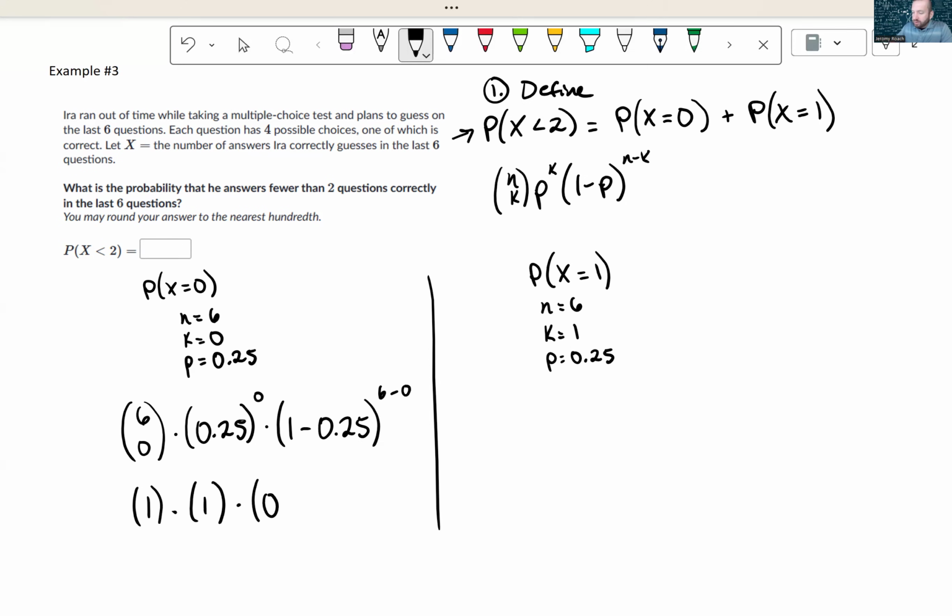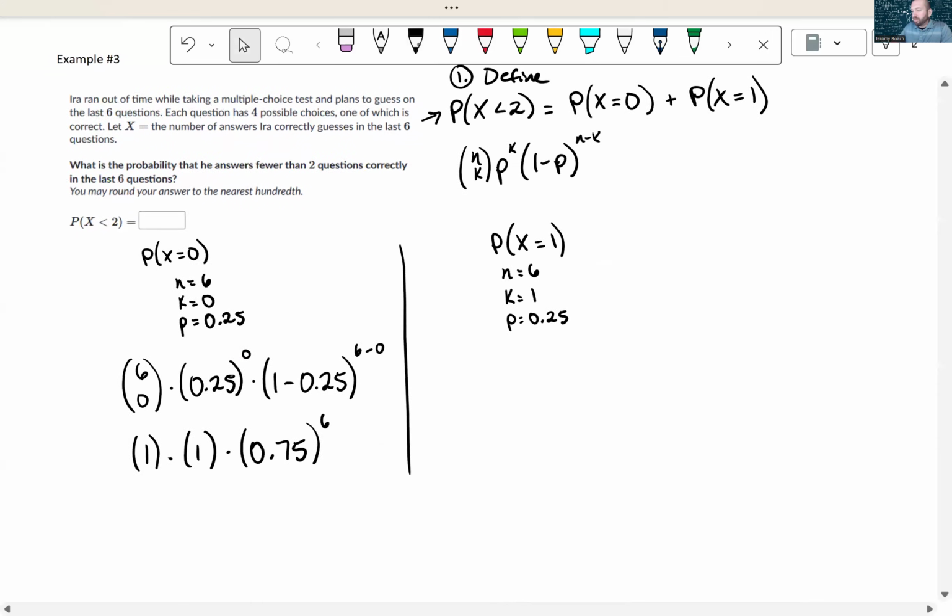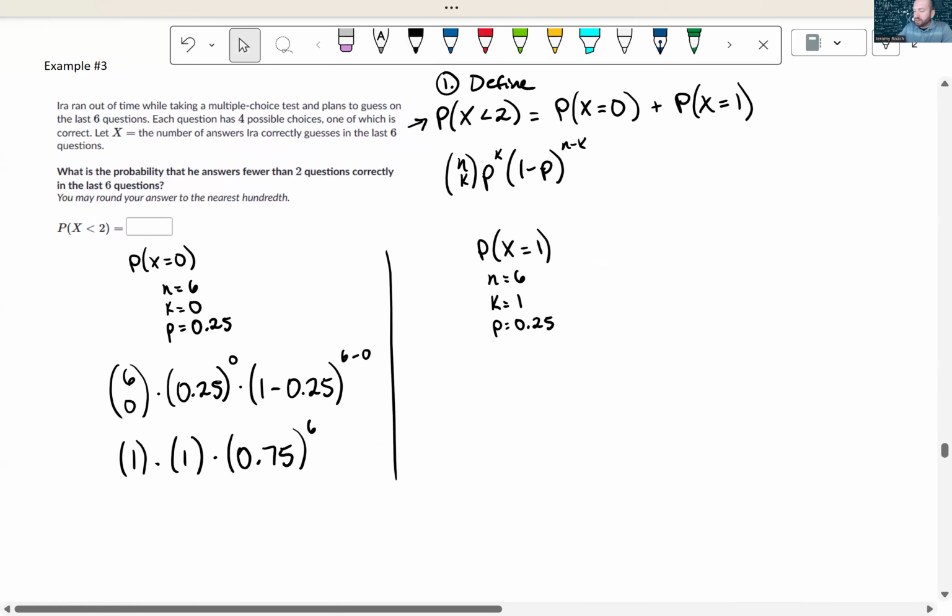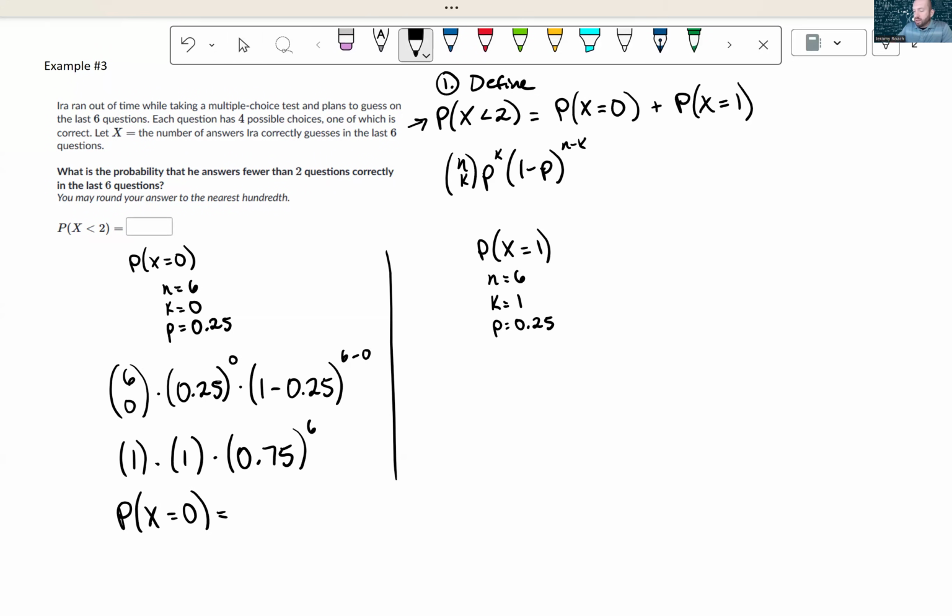Now this is going to be 0.75 to the power of 6. All we have to do is find 0.75 to the power of 6 in our calculator to get the probability of answering 0 questions correctly. That's 0.17797. I went out a few extra decimal places because we're going to round at the end.